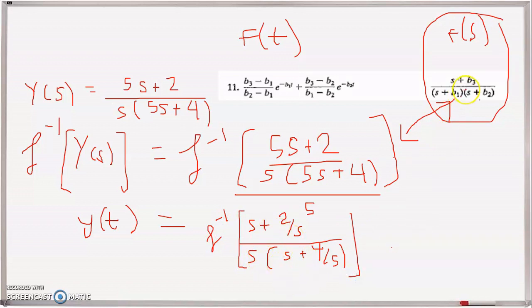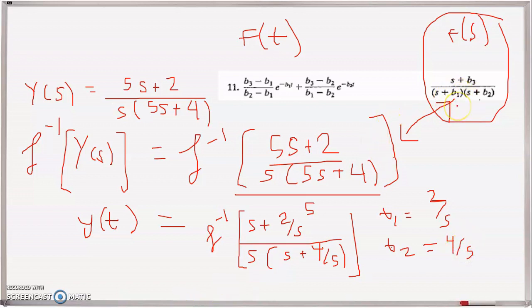From here you can identify what b1 is. If we try to make it similar, b1 is equal to 2 over 5, b2 here is 4 over 5. How about b3?